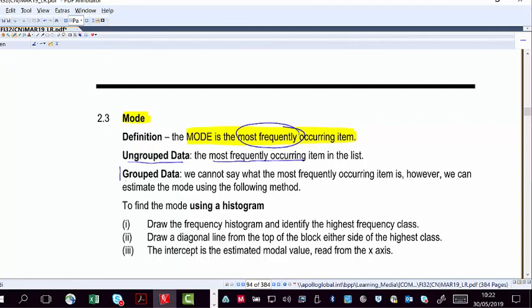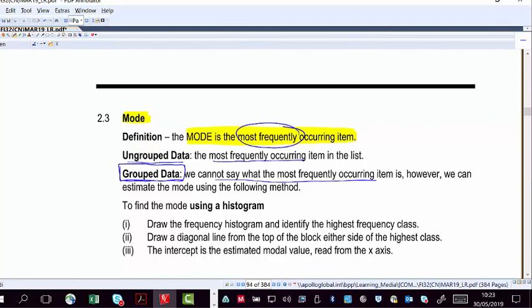However, with grouped data, like what we have in relation to the mileage for the drivers, we can't actually say what the most frequently occurring item is. Because remember we said when we group data, we do lose some of its detail. So because we've grouped it into bands, for example, the first band of mileage was less than 2,000, and we had 10 drivers who covered less than 2,000 miles.